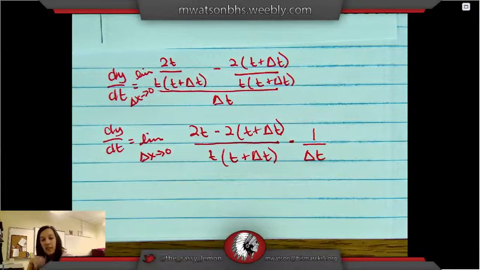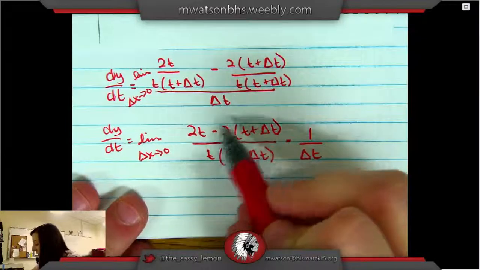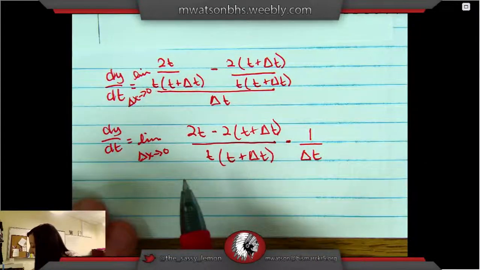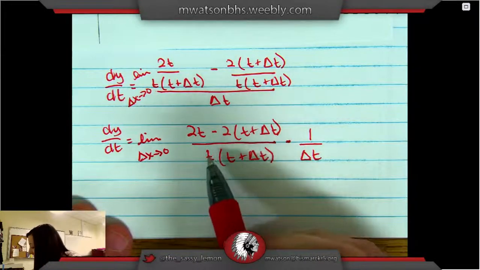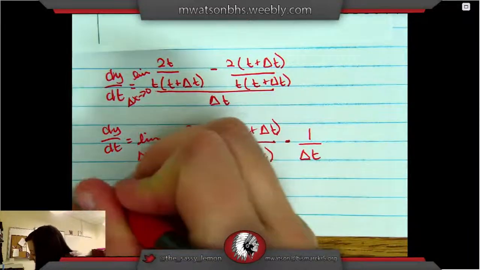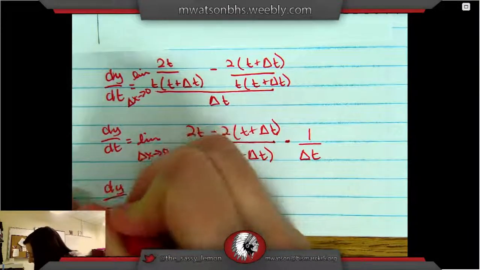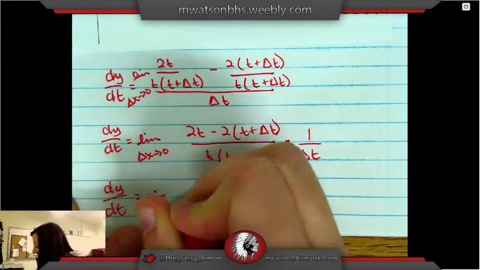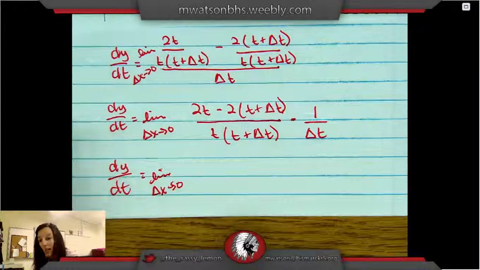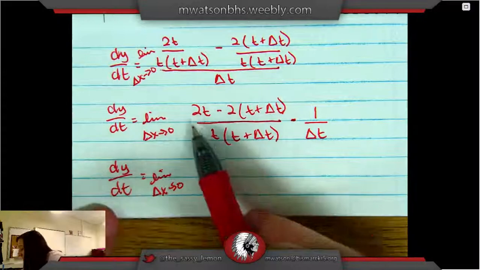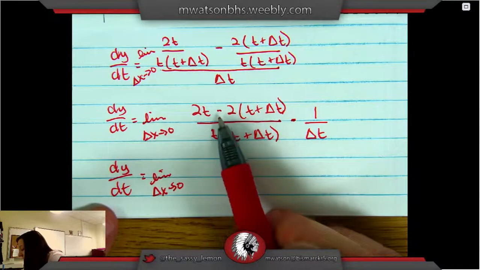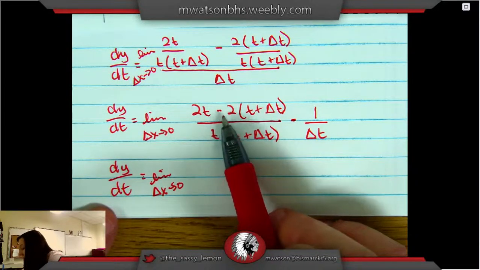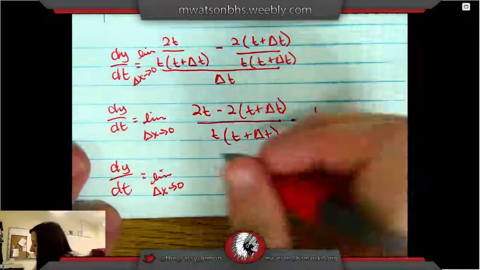So it still doesn't look too promising, but we're getting there. We need to distribute this negative sign, and notice that we're going to end up with, well, let's write our new notation. dy over dt equals the limit, as delta t approaches 0, of, and notice this 2t is going to be subtracted by a negative 2t. So those will cancel.